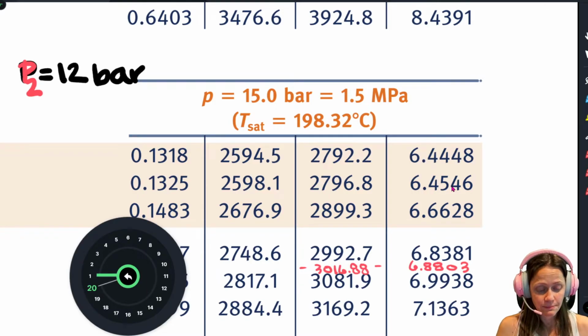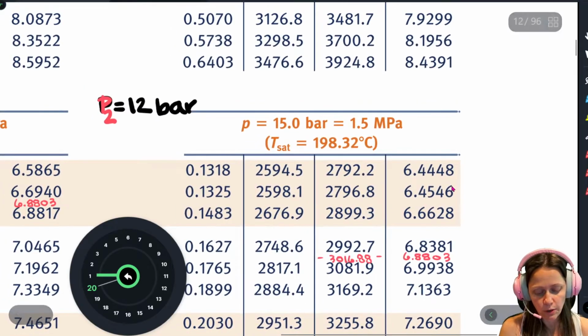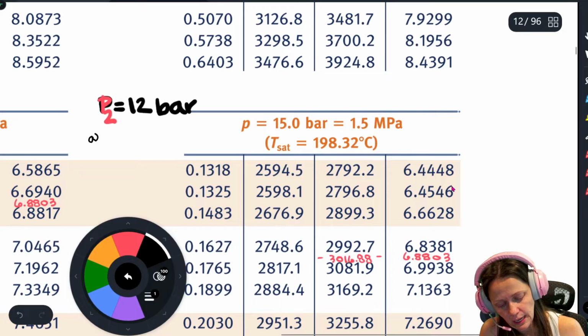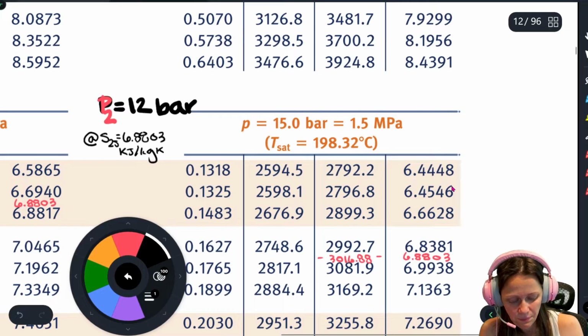And now I'm going to say, okay, well now at 12 bar, at an entropy S2S, which is equal to 6.8803 kilojoules per kilogram K, I'm going to make my own table.